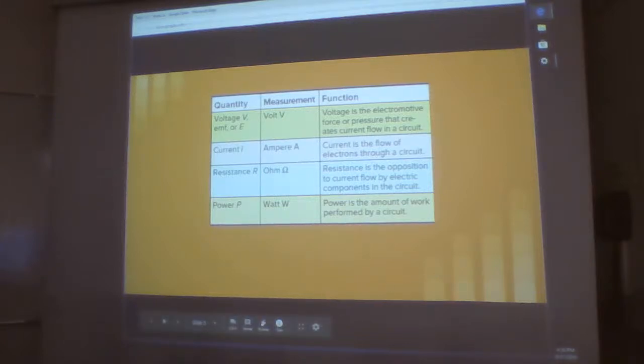So here is a table of some of the quantities of measurement that we'll be using in electricity. Voltage, we measure in volts. The symbol for that is a capital V. Also EMF, electromotive force, a capital E. But most often we'll be using voltage, capital V. Voltage is the electromotive force or pressure that creates current flow in a circuit.